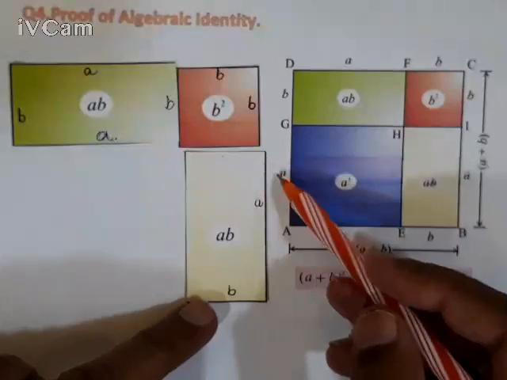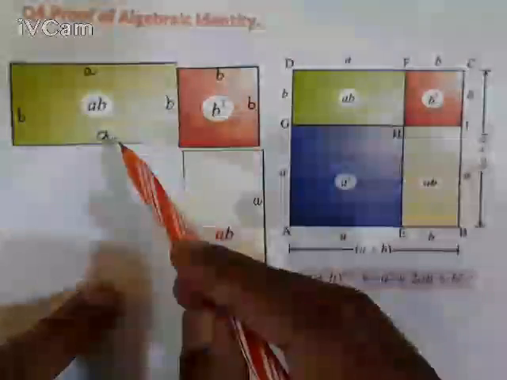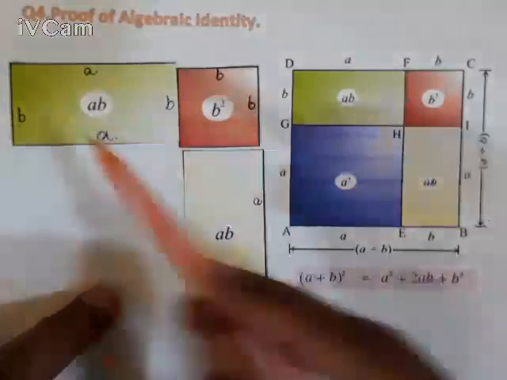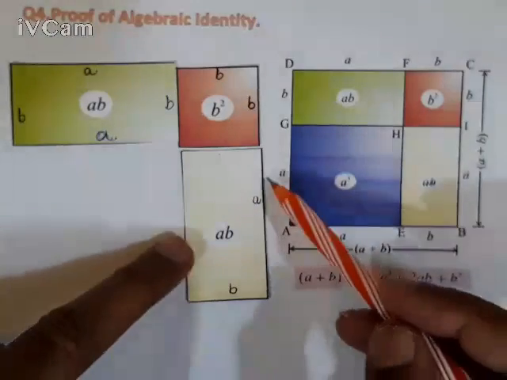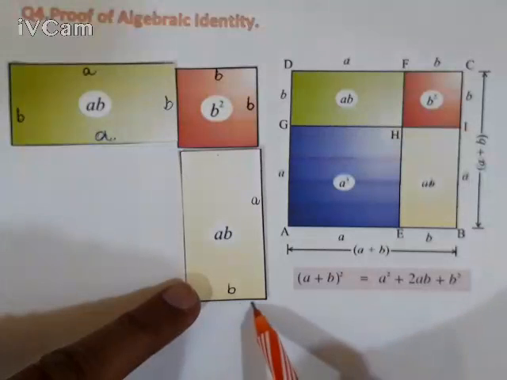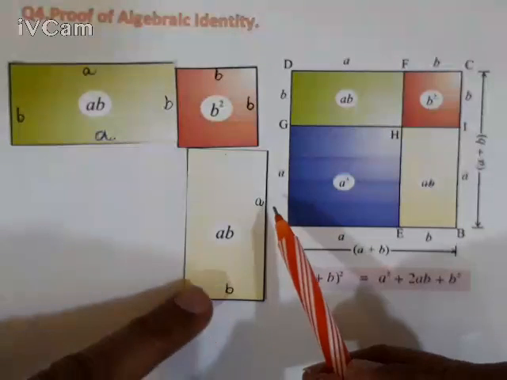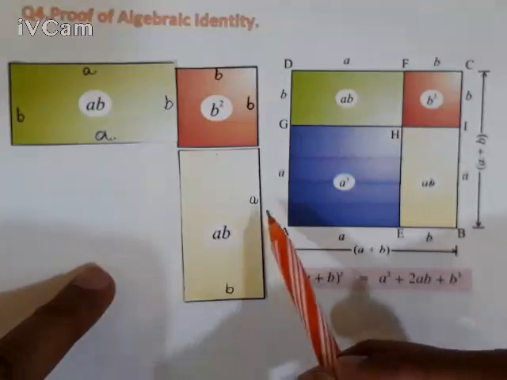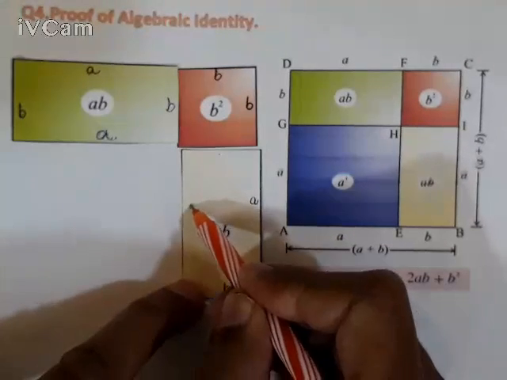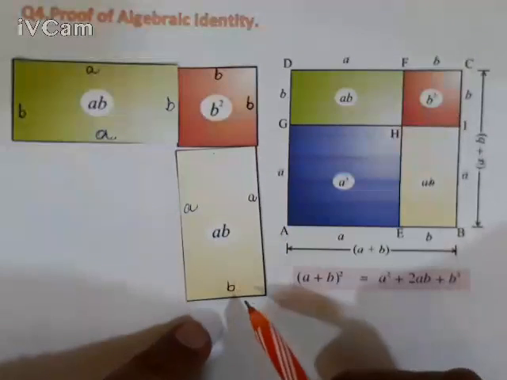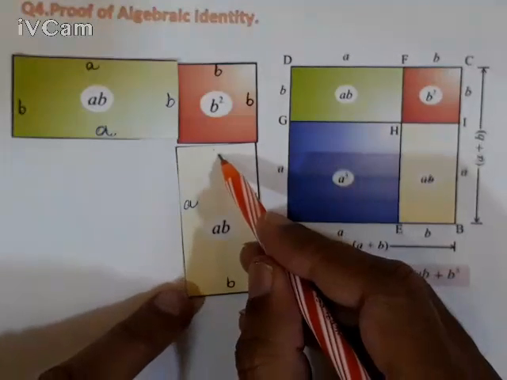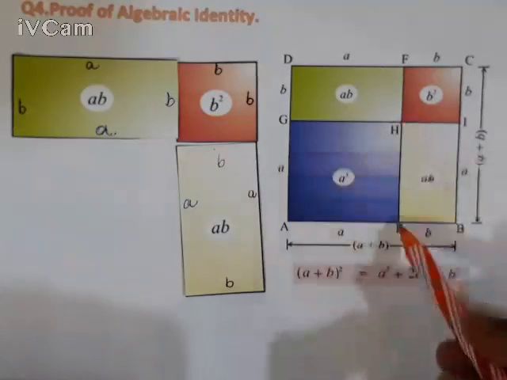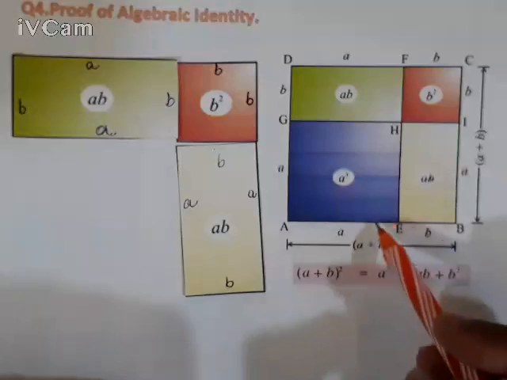These two rectangles are the same, so its length is a and width is b, and the opposite sides are the same. If it is a, this one is also a. If it is b, this one is also b.